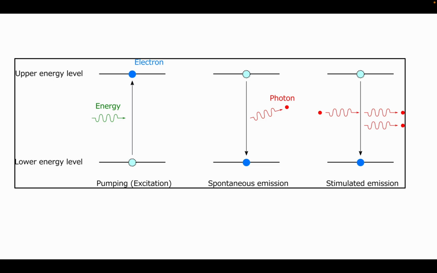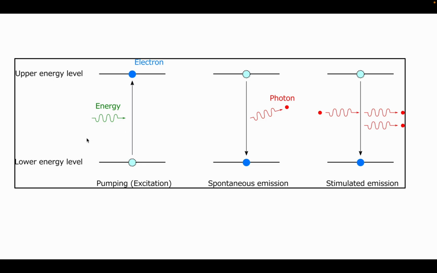So now, on excitation, emission, and stimulated pumping, or excitation, spontaneous or stimulated emission. Suppose your atom has two energy levels, the lower or ground energy level and the upper energy level.